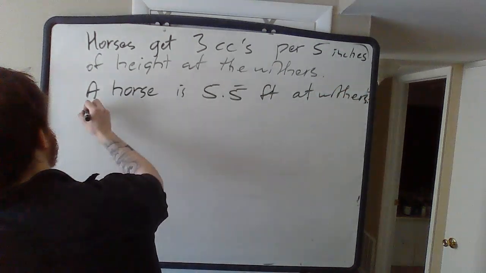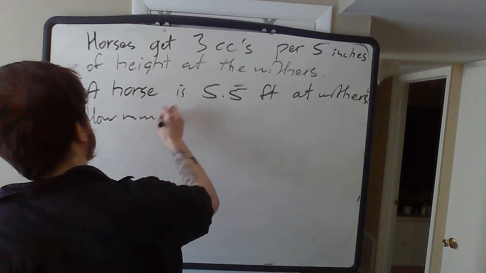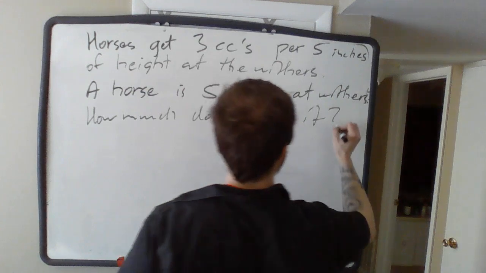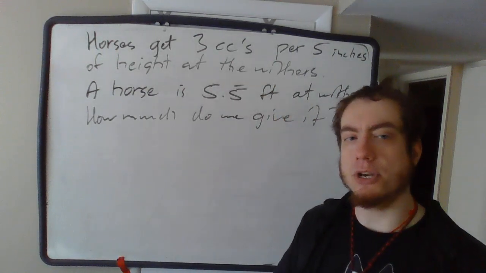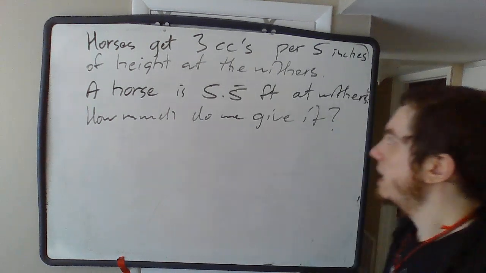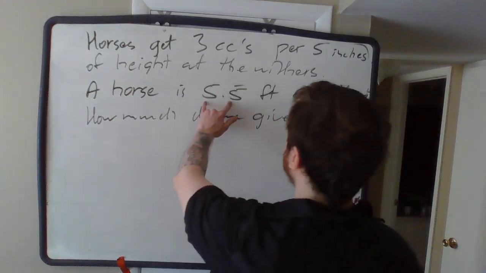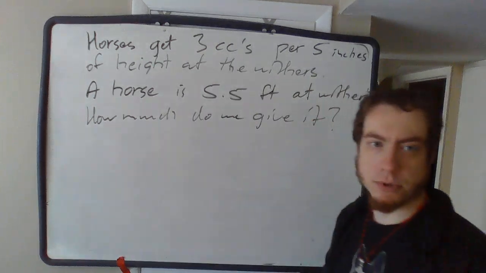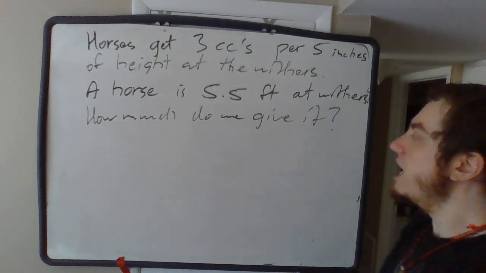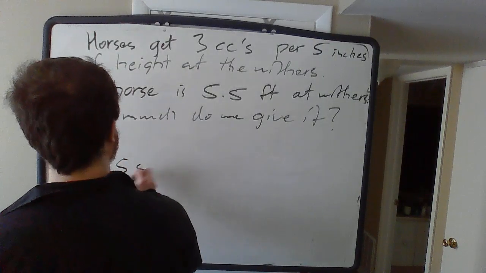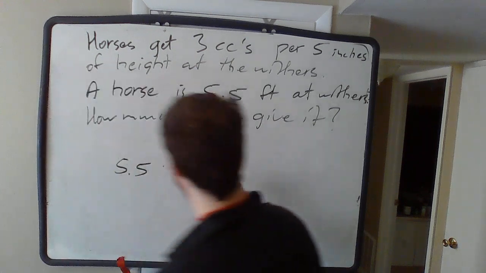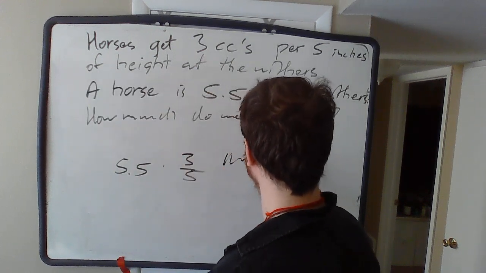And we want to know how much do we give it. Here's where you could screw up if you just memorize formulas and start plugging in numbers. If I just took 5.5 and multiplied it by 3 over 5, this would be wrong.